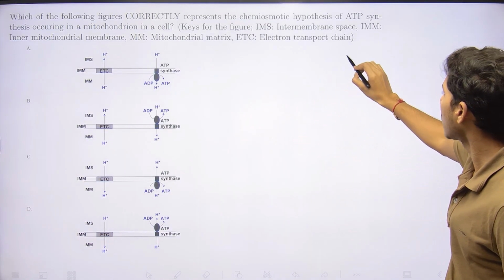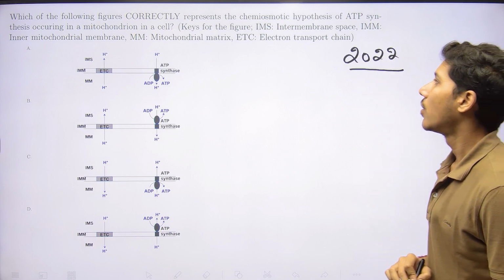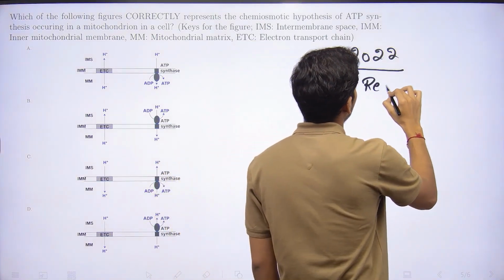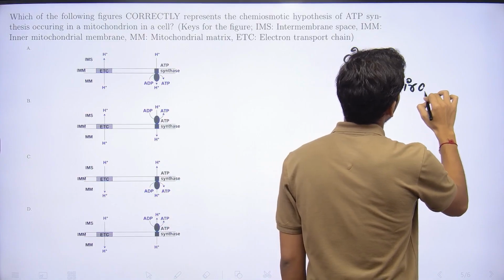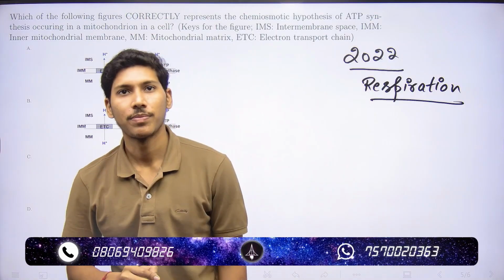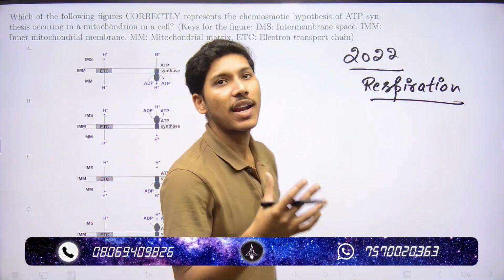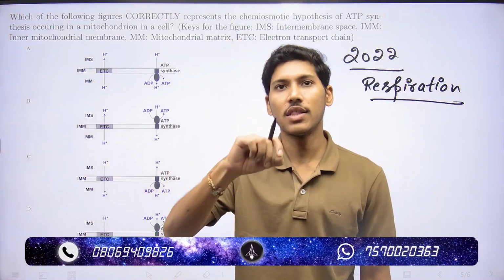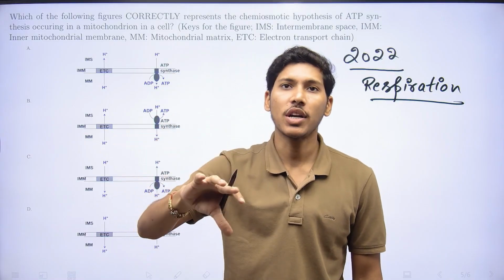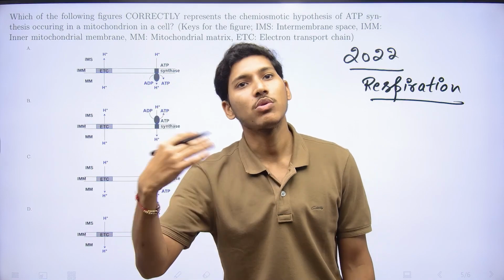This question is also from the year 2022. Okay, and this is from the topic of respiration. Now they are simply asking about the electron transport chain. You must have read about the electron transport chain, how electrons are transported in the inner membrane of mitochondria, how they generate a proton gradient, and how that proton gradient is broken down to produce ATP.